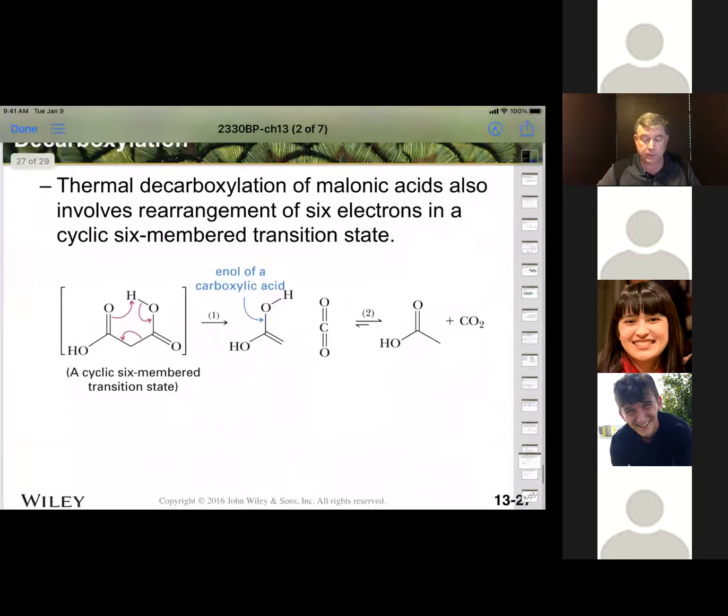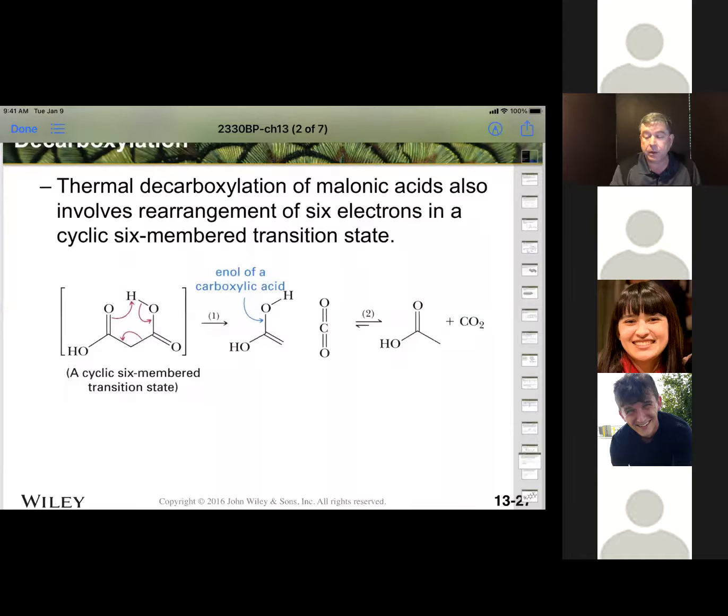But it doesn't have to be just a ketone. It can be any carbonyl compound, okay? So in this case here, we're taking a dicarboxylic acid, the malonic acid, and we're doing the same thing. All we have to do is have that ketone, that carbonyl available to us to form that 6-membered ring transition state.